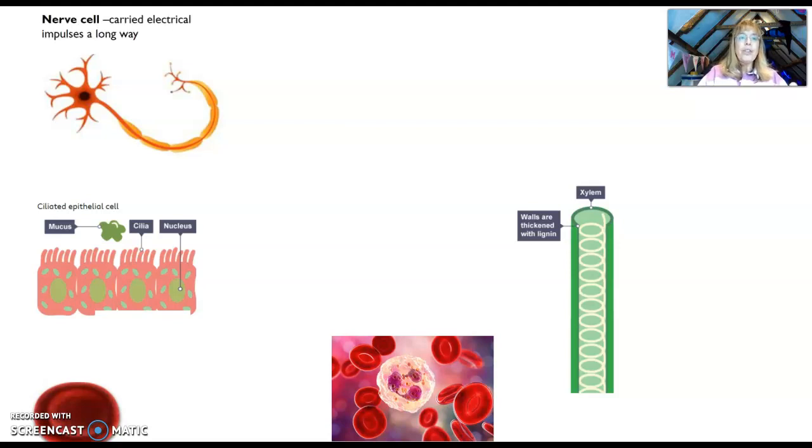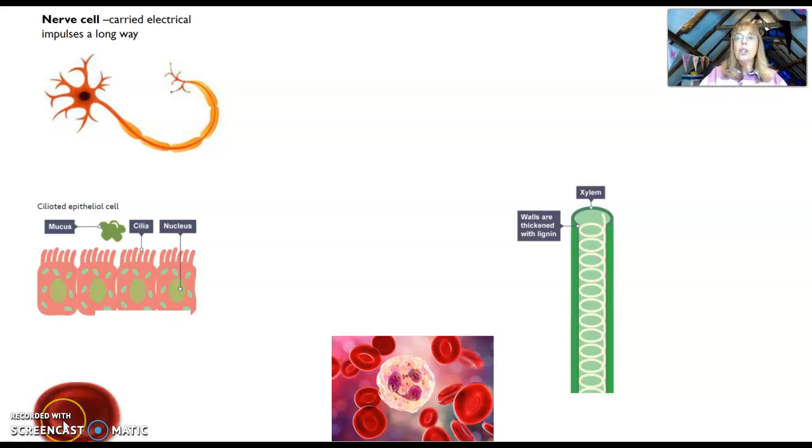Well done. We've got the nerve cell, which carries messages a long way around the body, electrical messages along the way. We've got those cells with those microscopic hairs called ciliated cells that help to waft any mucus that's trapped dust out of our lungs, our gas exchange system.